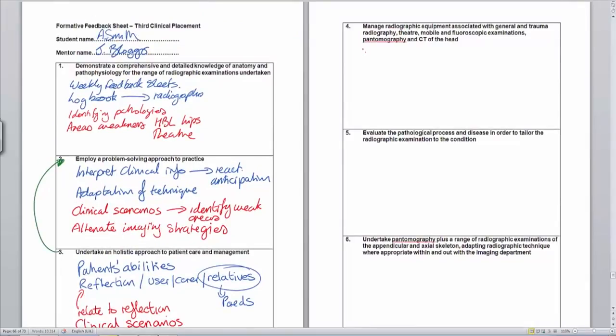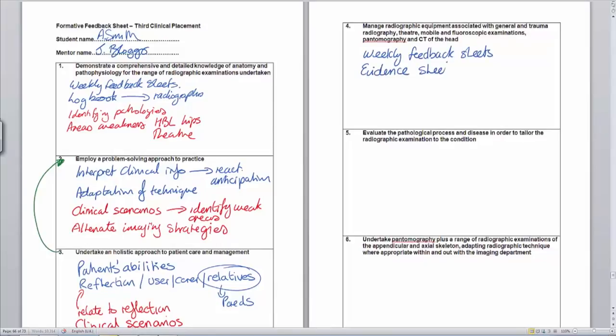So if we move on to number 4. Again, this sort of competency really is reflected in their demonstration of these things. So it's their ability to manage radiographic equipment. So again, a little bit like the first one, you're going to be looking at the weekly feedback and also the evidence sheets as well.